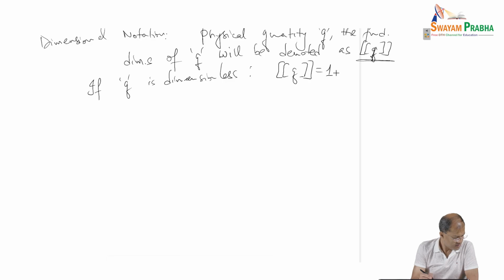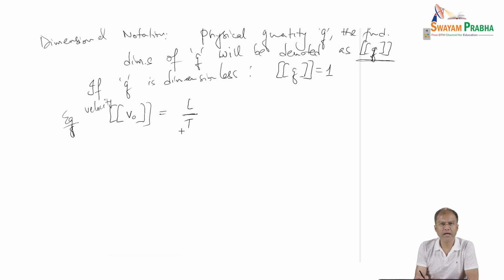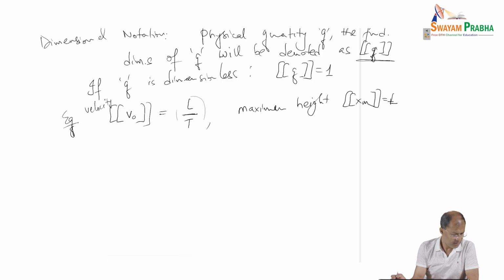It's not dimensional, right? So for example, if we want to find the fundamental dimension of velocity, let's say v naught, we know that this is L over T, so length over time. So this is my fundamental dimension. Similarly, taking the case of projectile motion, we also encounter the so-called maximum height xm, which is L, right?